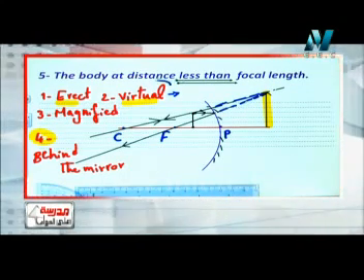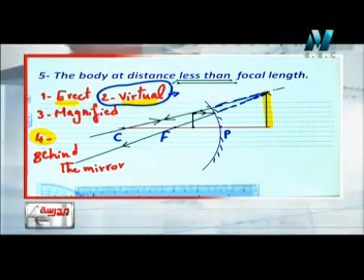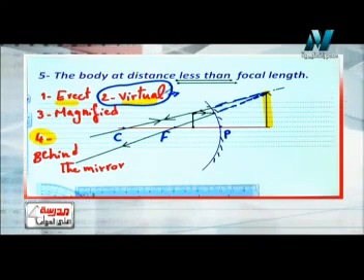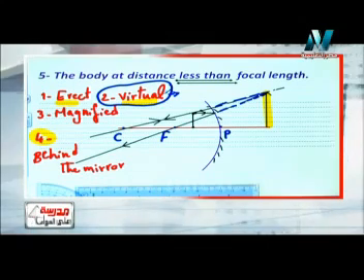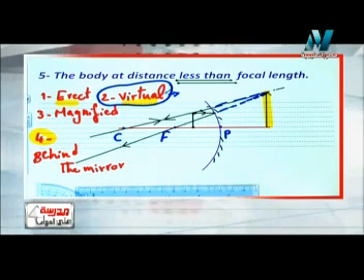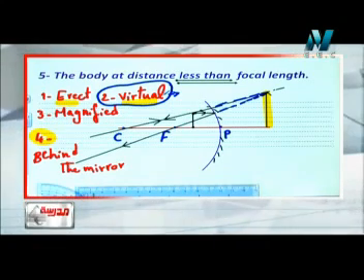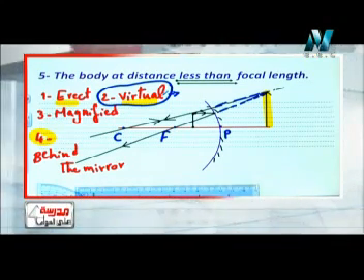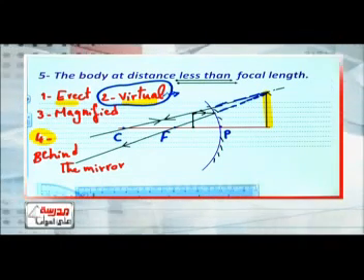And we can here differentiate between virtual and real. Virtual means it can't be received on the screen, because it's formed due to the intersection of extensions of reflected light rays.